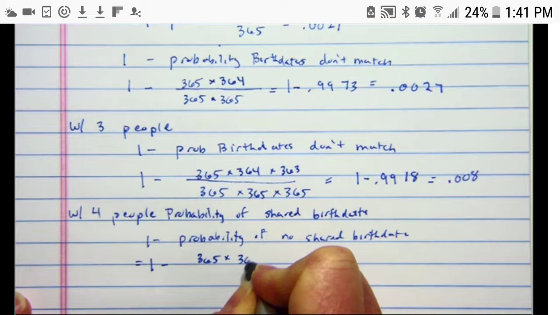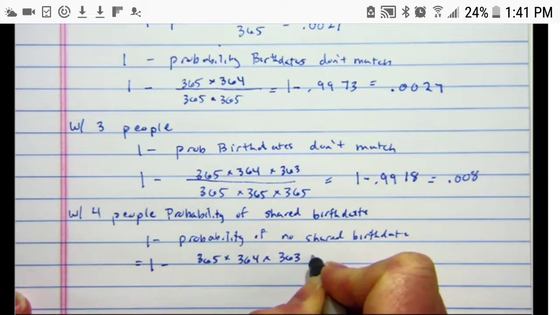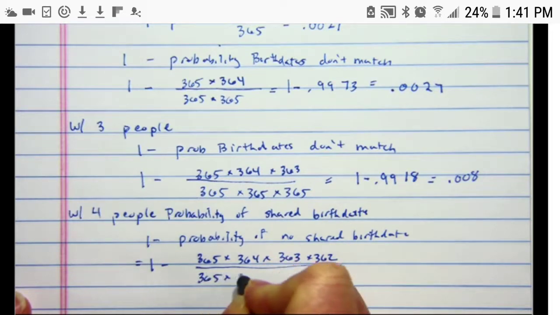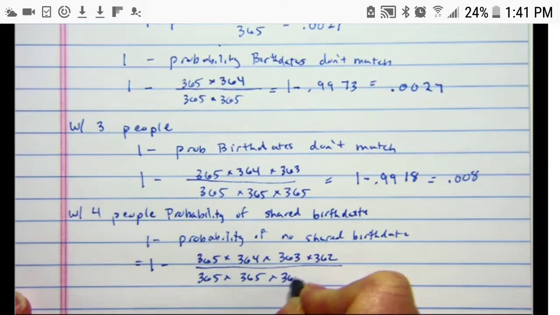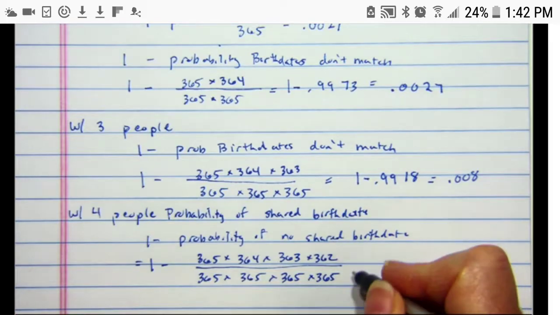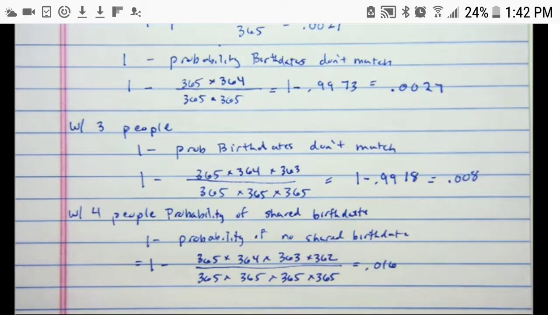So that's the same pattern, 1 minus 365 times 364 times 363 times 362 over 365 times 365 times 365 times 365. So in your calculator, that's 0.016.